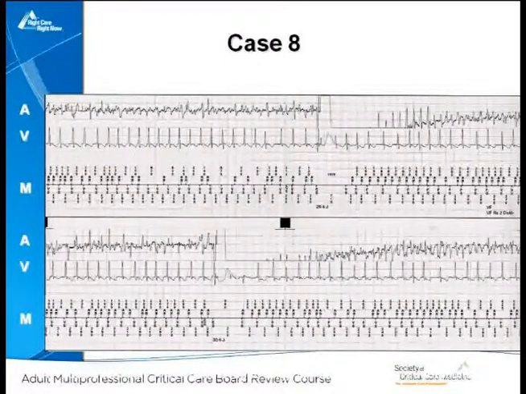And I've labeled for you the atrial tracing, the ventricular tracing. These are so-called marker channels. So we can start the clock.